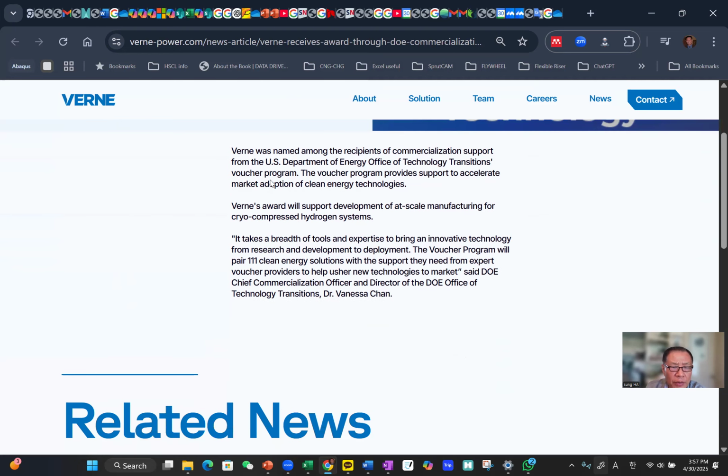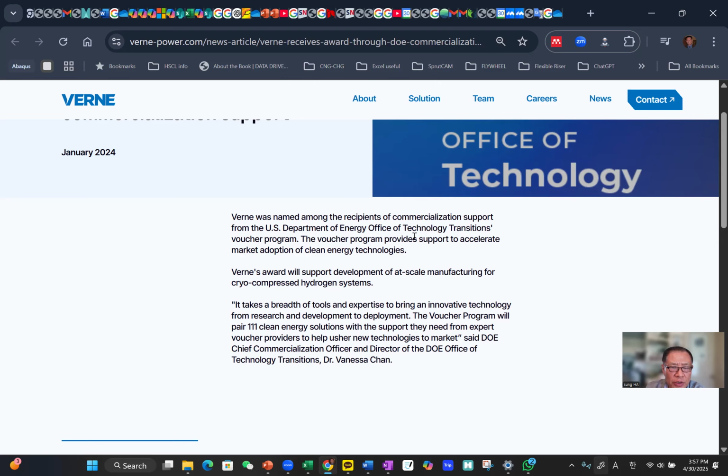So Bonnet was among the recipients of commercialization support from the US DOE. The United States DOE decided to fund Bonnet to commercialize the CGH2, I mean CCH2.